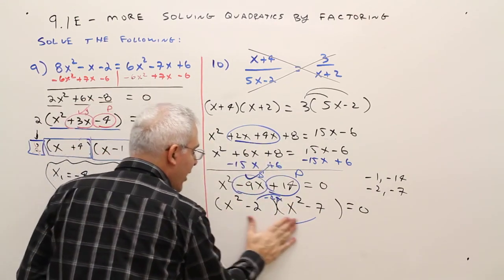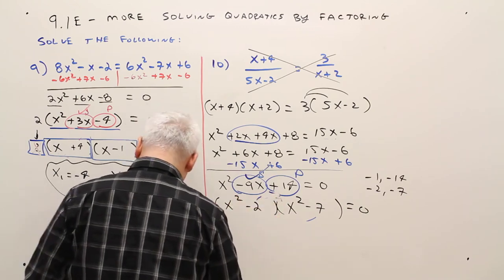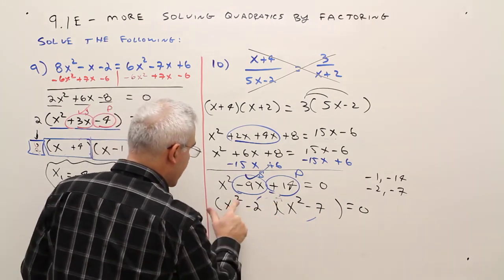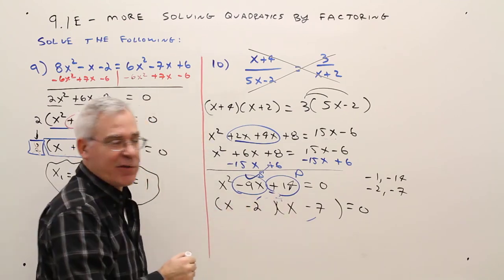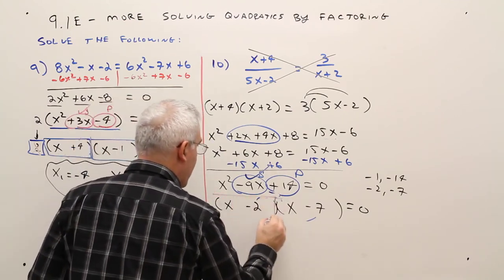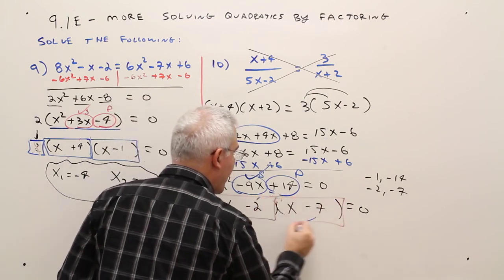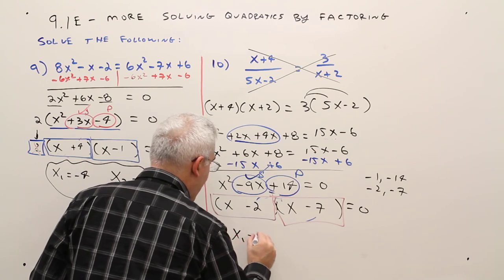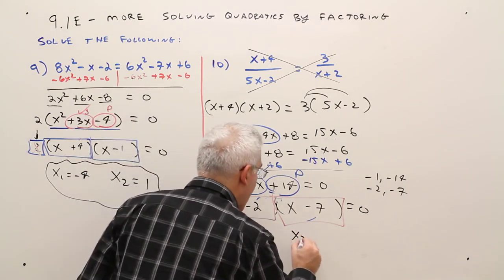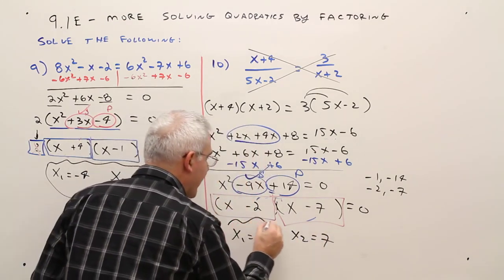OI check is good. Now we can just chunk it up. This was x minus 2 and x minus 7, sorry about that. So set this chunk equal to 0 and set that chunk equal to 0. So x sub 1 equals 2 and x sub 2 equals 7.